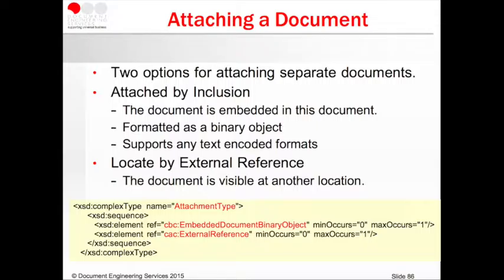UBL doesn't care what type of document you're attaching here. It could be anything. The second option is to locate by external reference. In other words, you point to an external place where this document exists. So that's how attachments work, and this is the attachment structure, either embedded document or external reference.